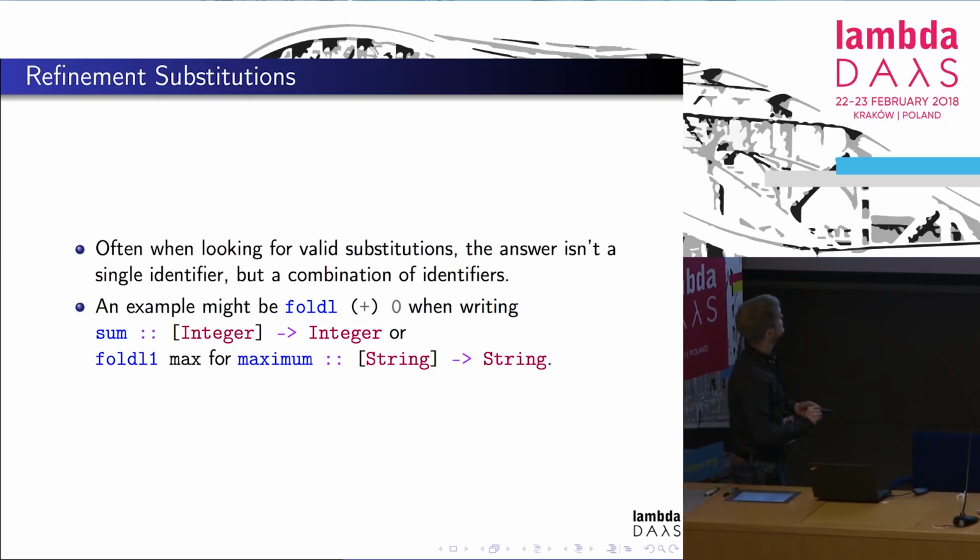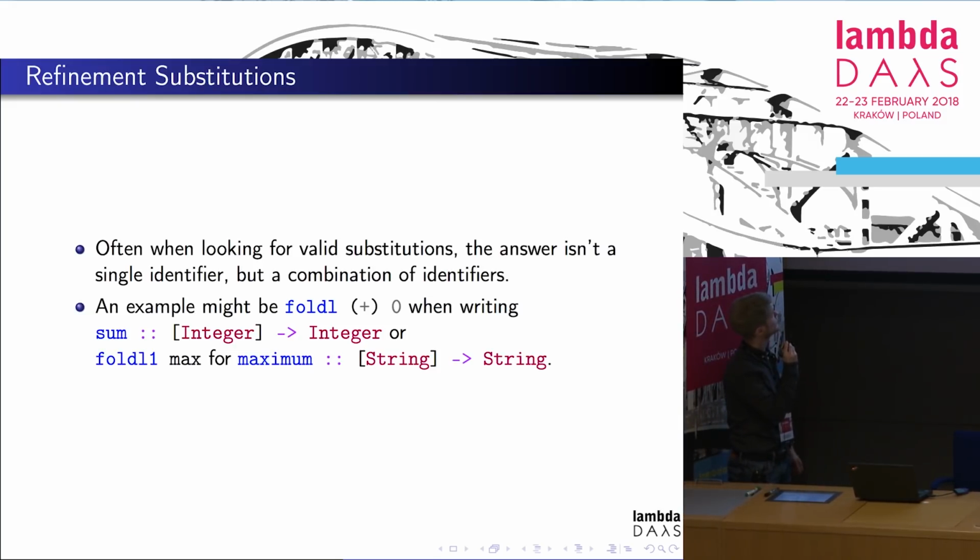Like if you're writing the sum function, it has a type list of integers to integer, but the sum function is defined as foldl plus 0, like Mary talked about this morning. And then you have this foldl1 max. So if you're writing the maximum function, which finds the maximum of something, then you'd probably write foldl1 max, which doesn't take an identity element, but just uses the first element in the list.